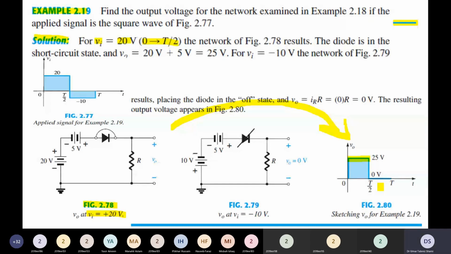But then after time t by 2, we have input voltage equal to minus 10 volts. From time t by 2 to time t, the input voltage is minus 10 volts.